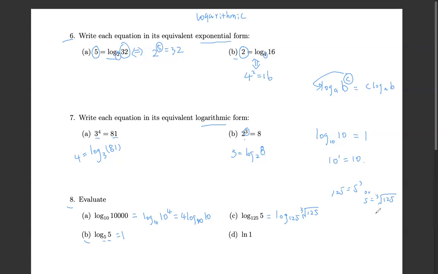And remember, the cube root we can write as 125 raised to 1/3. So this one we can write as log base 125 of the value 125 raised to 1/3. Then this 1/3 can be pulled up front. Then we have log base 125 of 125. The base and the value are the same, equals 1. So 1/3 times 1 is just 1/3. So C equals 1/3.